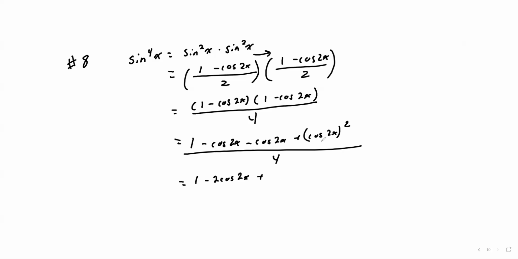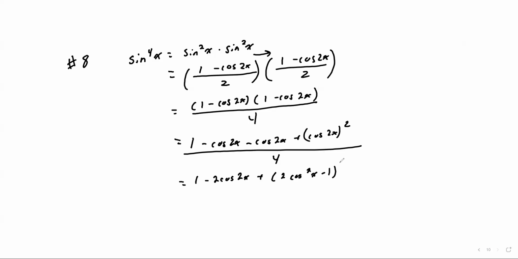So here we have 3 options. Keep it in terms of sine. That would give us a 4. Let's try that technique. So we know cosine of 2x, I want to plug in 2 cosine squared x minus 1.